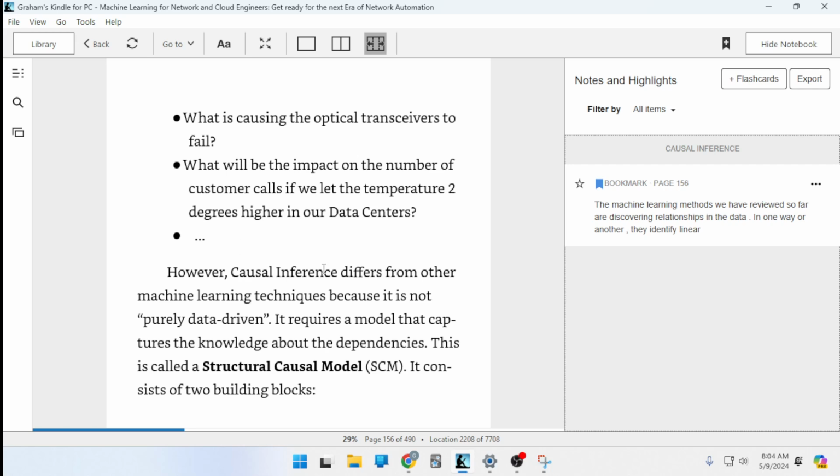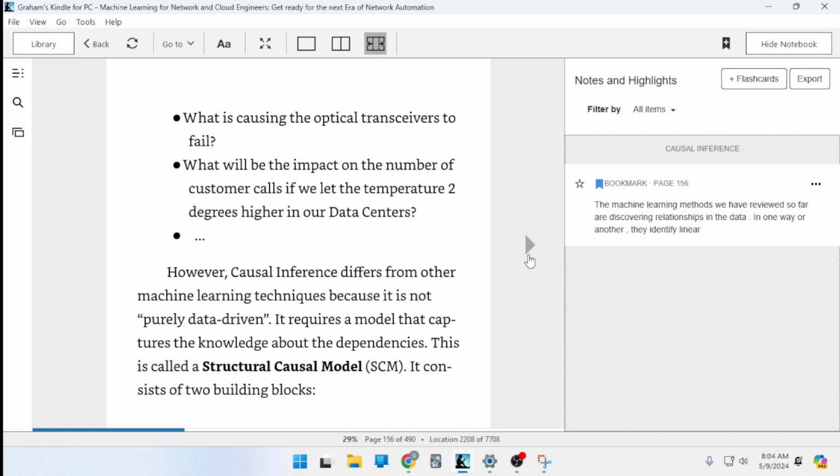However, causal inference differs from other machine learning techniques because it is not purely data-driven. It requires a model that captures the knowledge about the dependencies. This is called a structural causal model, SCM.